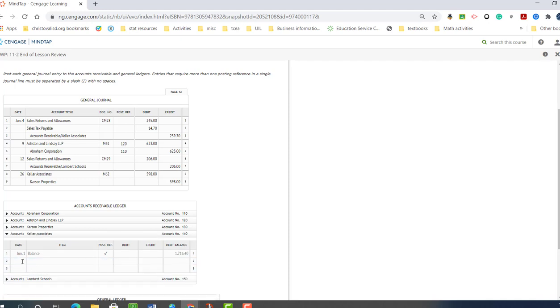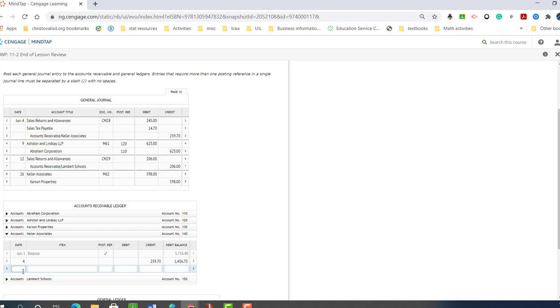Keller Associates is going to have two different transactions. The first one happening on the 4th, and we had a credit amount of $259.70, and that is going to reduce their total amount to $1,456.70.